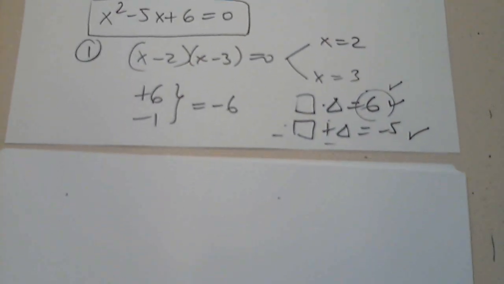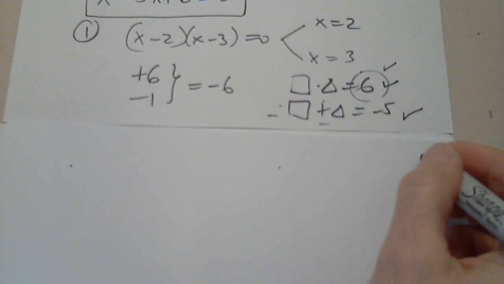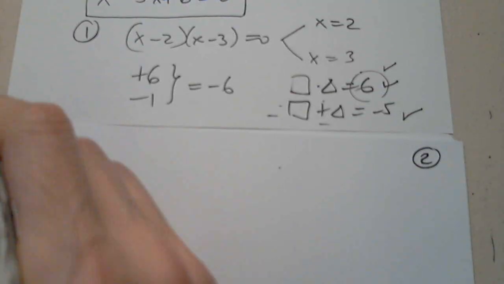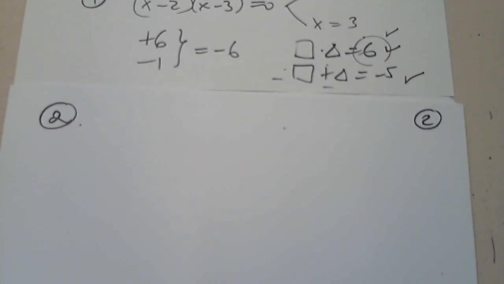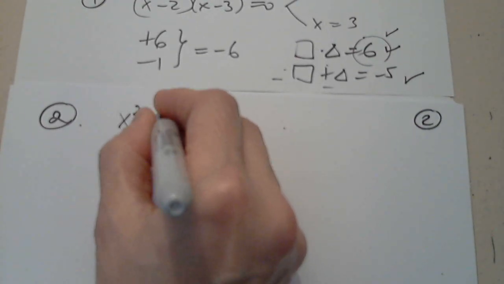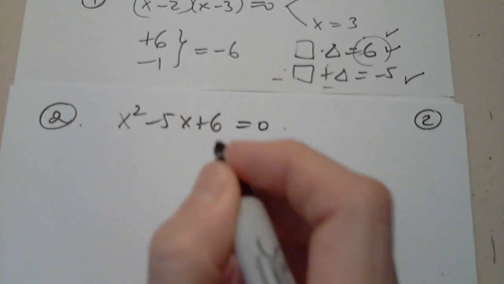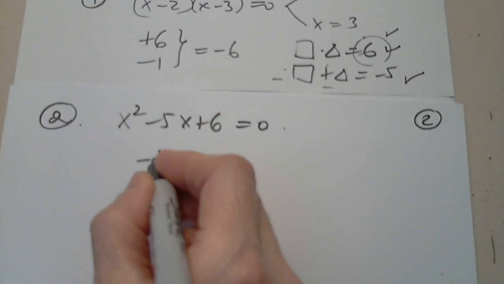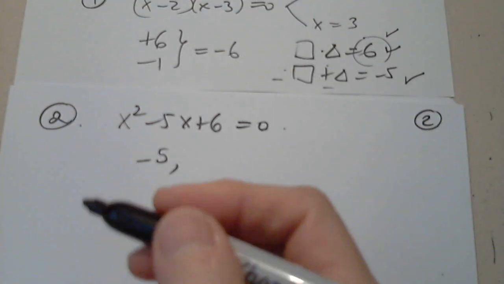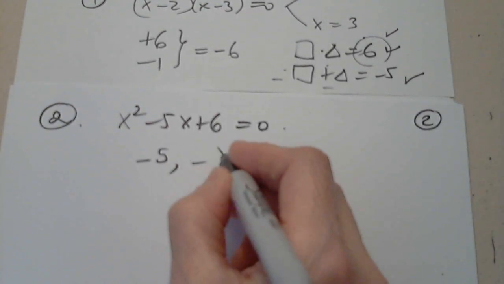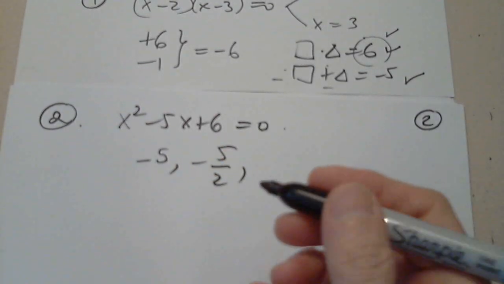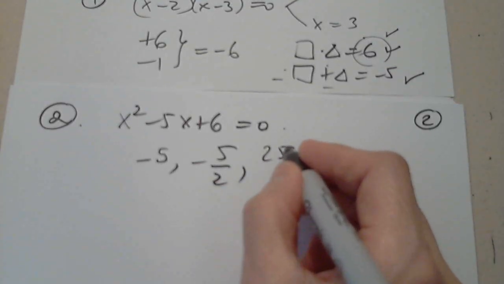Now let's look at method 2, which is completing the square. So x squared minus 5x plus 6 equals 0. The middle coefficient is negative 5. I divide negative 5 by 2. I have to square negative 5 halves.